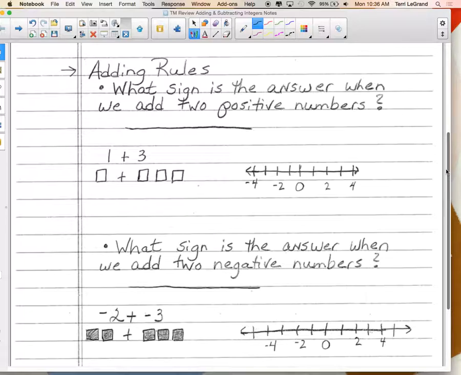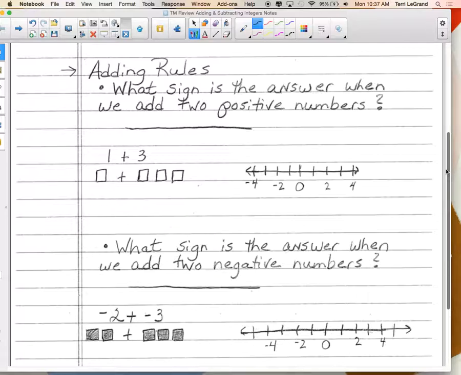Shouldn't you get a positive? Carly says, well, can you reason that out for us? Why would we get a positive? And when we're adding positives on the number line, what happens? You keep going to the right of 0, don't you?